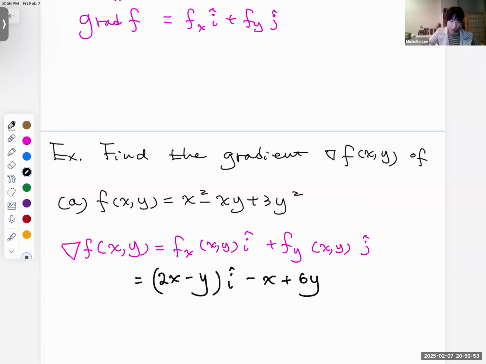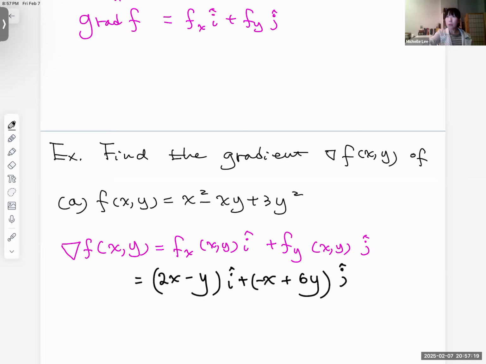Let's make that positive, negative, and j hat, right? So we make a vector valued function with a partial derivative gradient. It's the same slope, right?